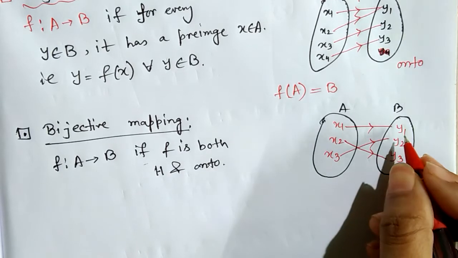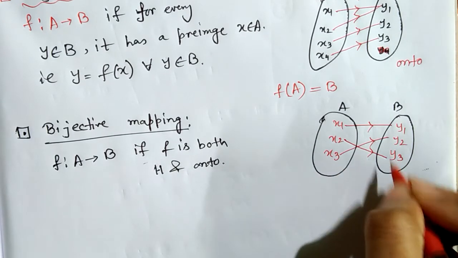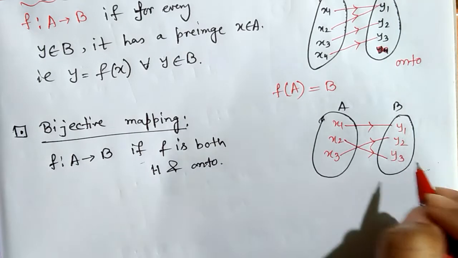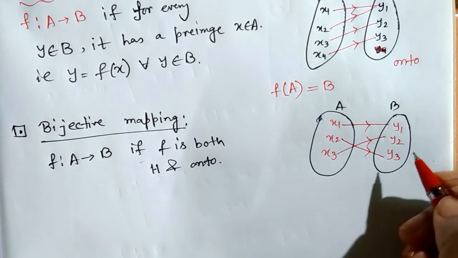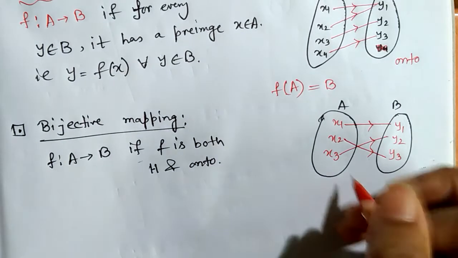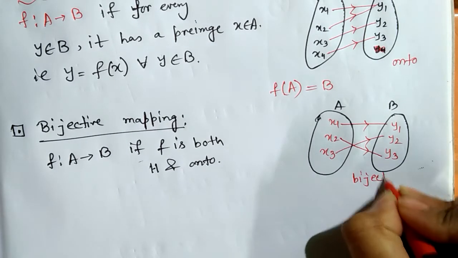Each and every member of B has a pre-image, that implies this mapping is onto, and each member of B has at most one pre-image, that is, it has a unique pre-image. So this implies the mapping is injective. Therefore, combining both, this mapping is bijective.